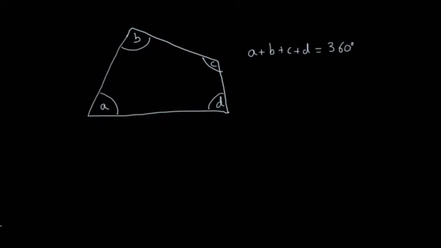Now I'm going to call the corners of our quadrilateral P, S, R and Q. And I'm going to imagine that we draw a line through the middle of our quadrilateral. So what we've basically got is two triangles.